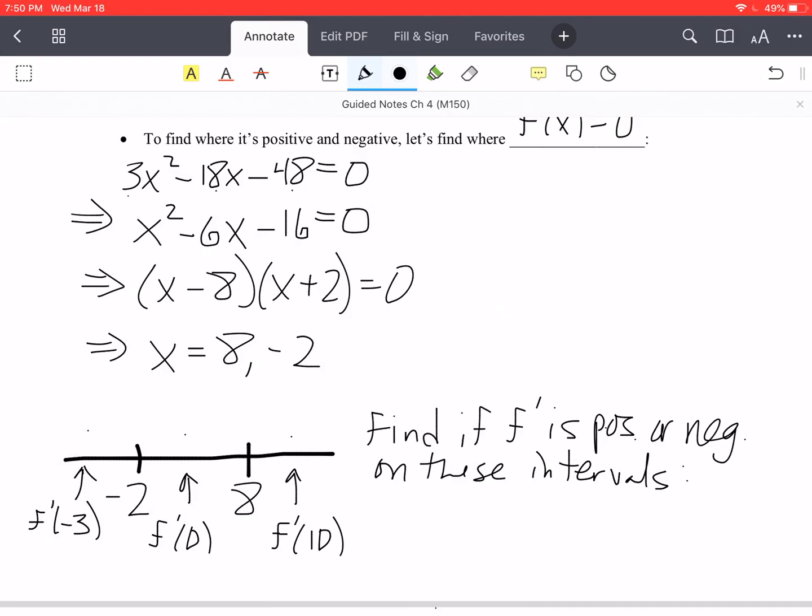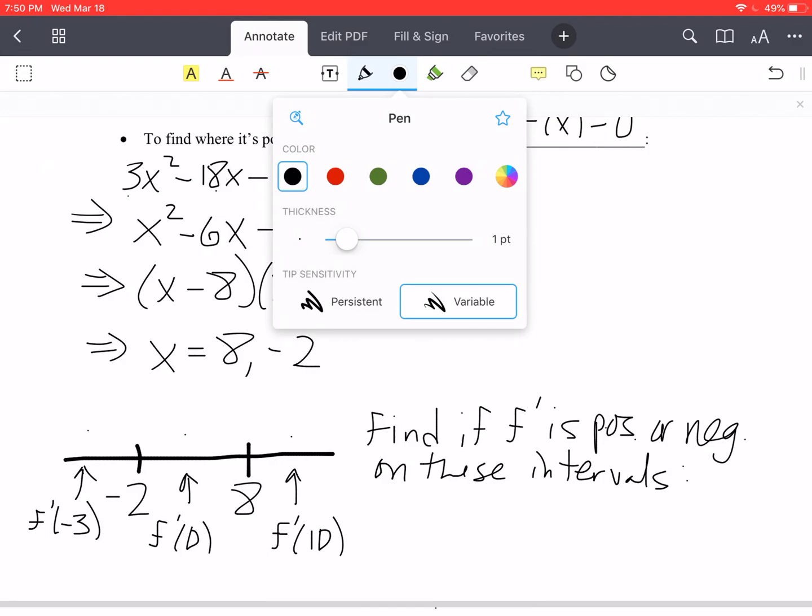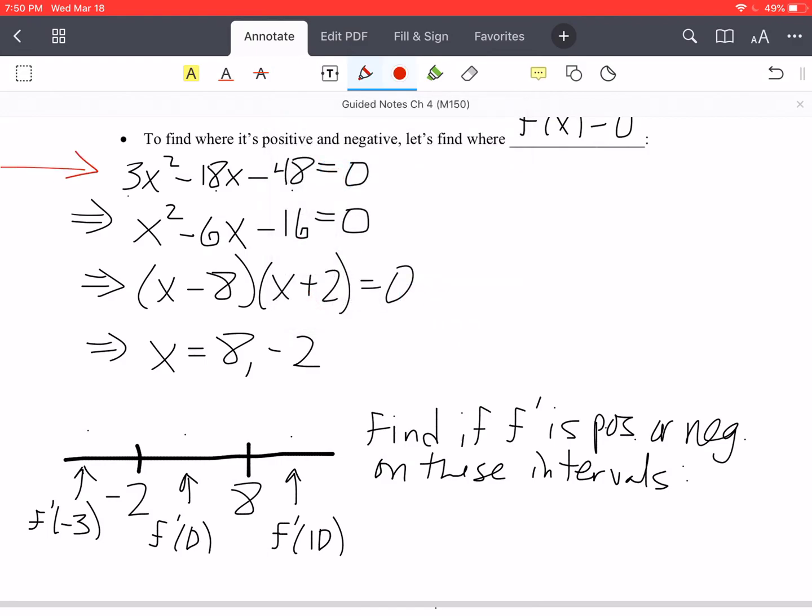Now, if I find these values, f prime of negative 3, if you plug that into the derivative, again plugging it into this one up here, so into this one, we get f prime of negative 3 is 33, and that's positive, clearly.